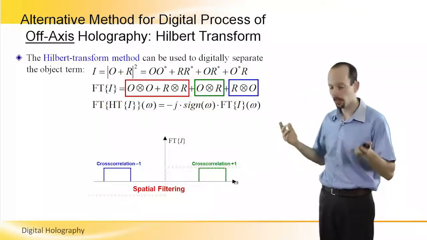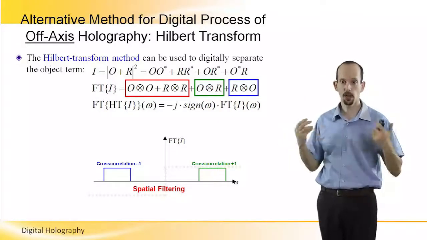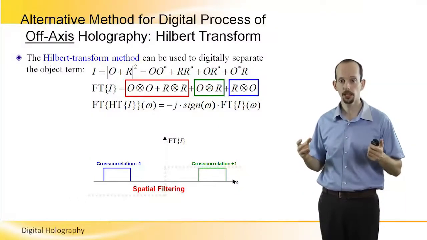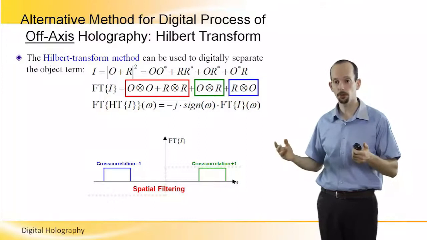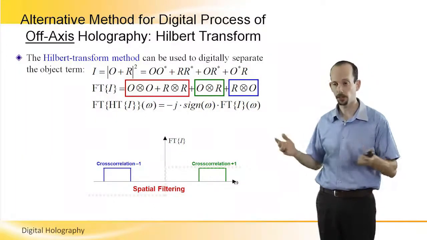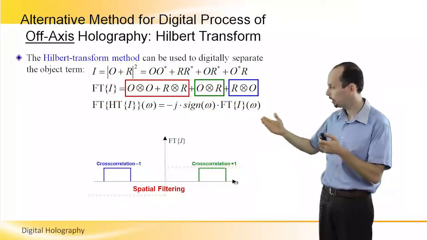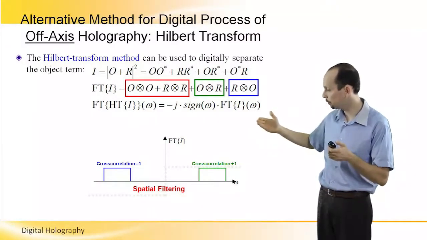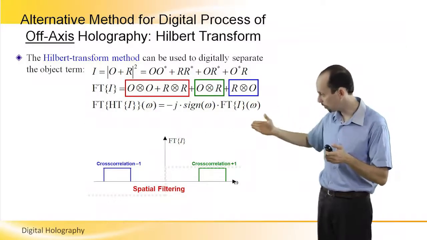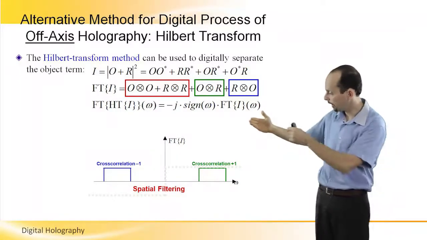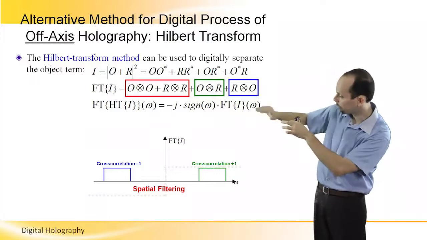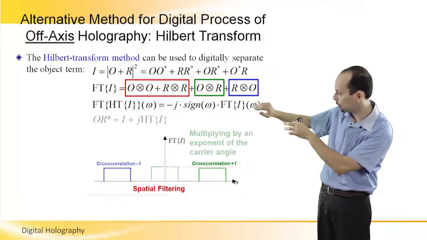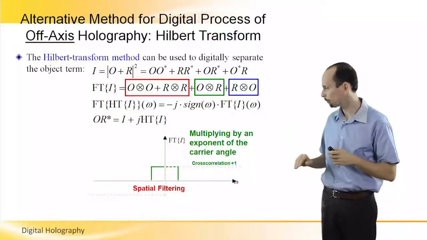Therefore, instead of doing Fourier analysis, all I need to do is take the original hologram and add J times the Hilbert transform of this hologram after getting rid of the DC, because it actually means that I'm taking effectively in the Fourier domain the cross correlation term and adding the -1 for the second cross correlation term in order to get rid of it.